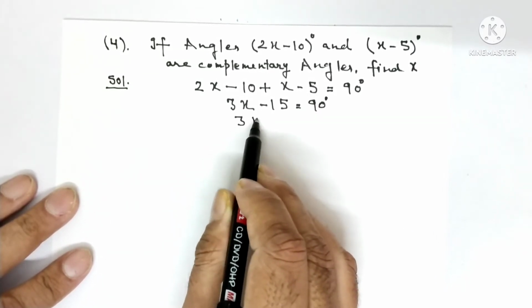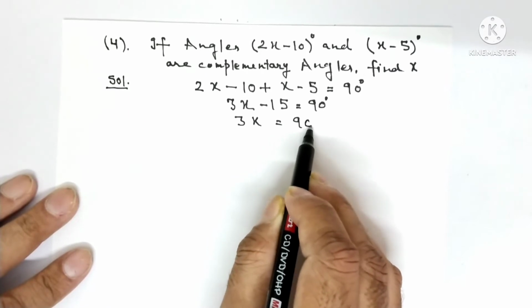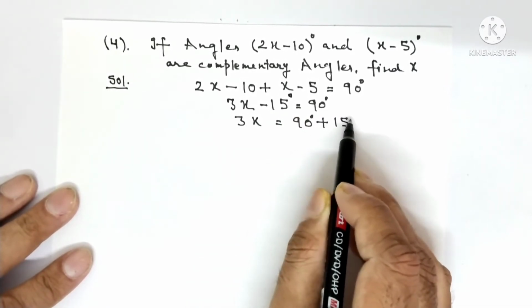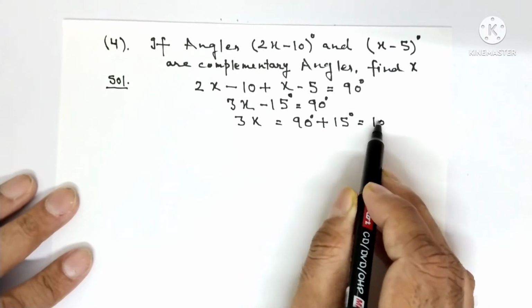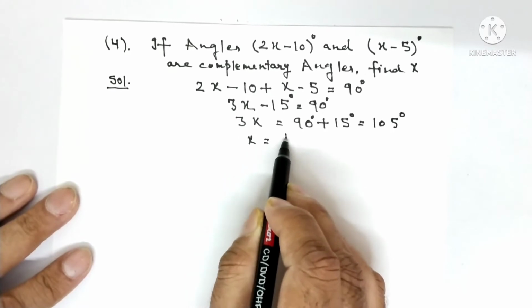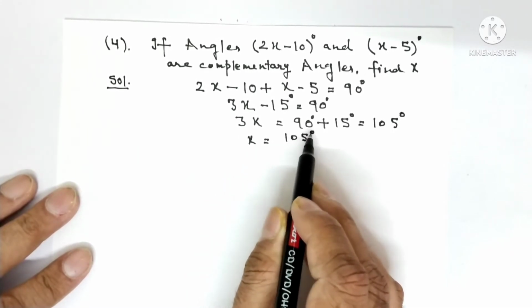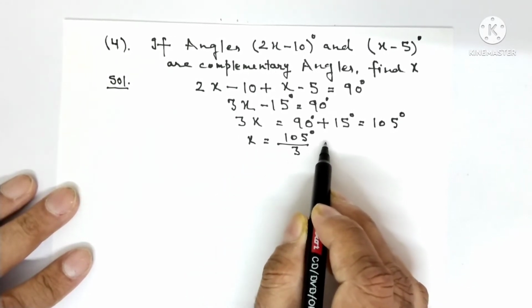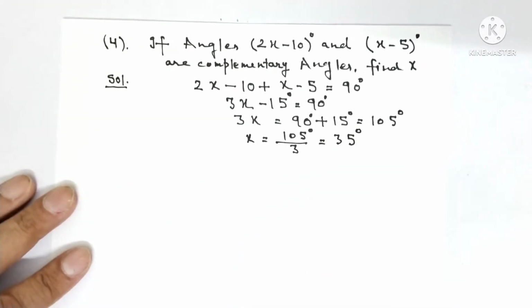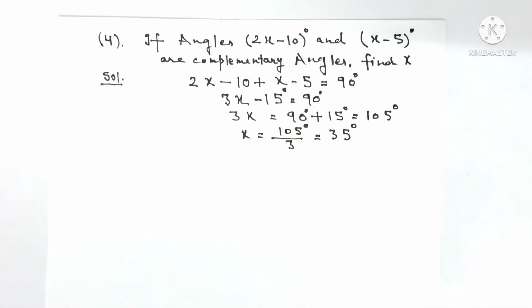Now 3x will be equal to 90 degree, minus 15 degree will be shifted to the right, it will be plus 15 degree, it is 105 degree. So x will be equal to 105 degree divided by 3, which is 35 degree.